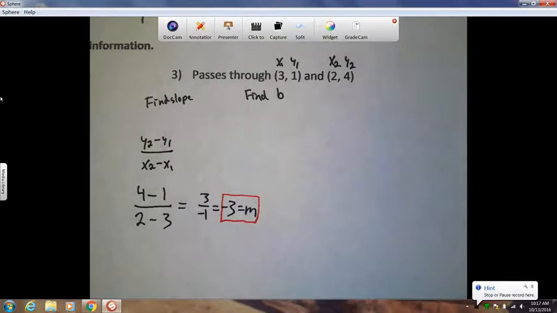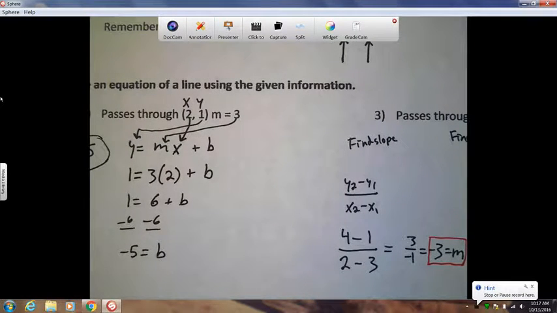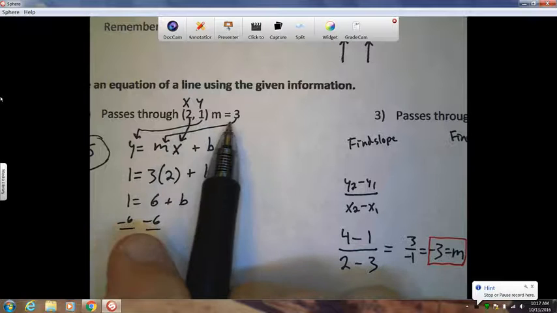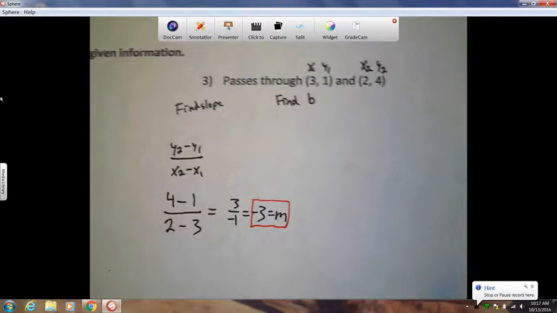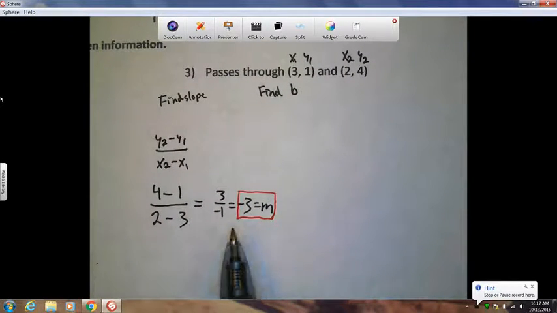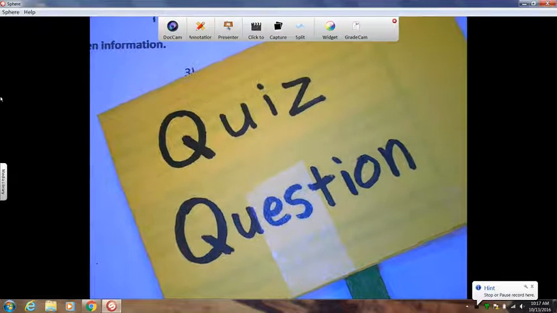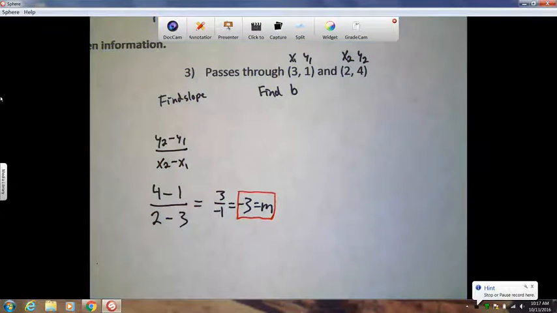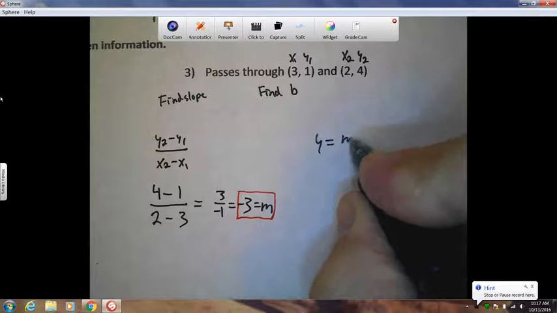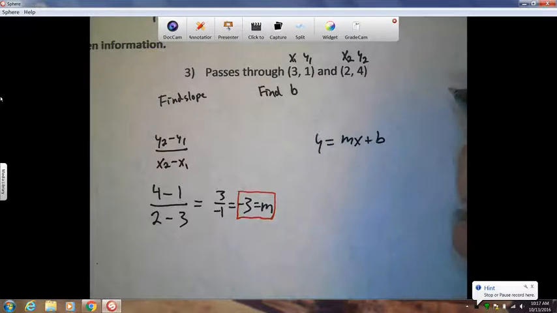Now you have a problem that's just like the ones we did. If you'll notice previously, you were given a point and a slope. Now I have a slope, and then I have 2 points. You can use either point to find your y-intercept. It doesn't matter. So when I do that, I'm going to choose that point.